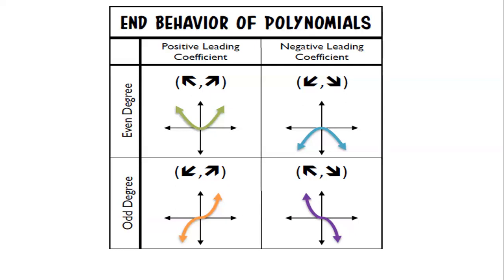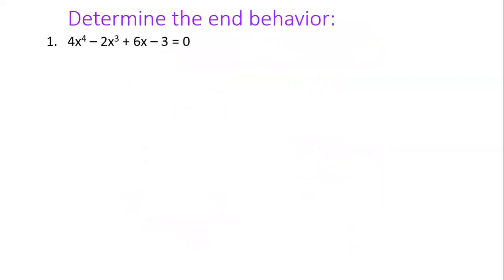All right, first up, we have 4x to the 4th minus 2x cubed plus 6x minus 3. So we're determining the end behavior. We're not solving. We're not having to factor by grouping or anything.